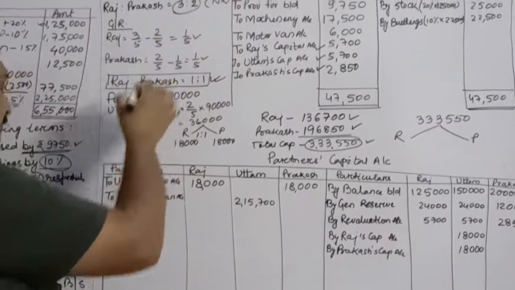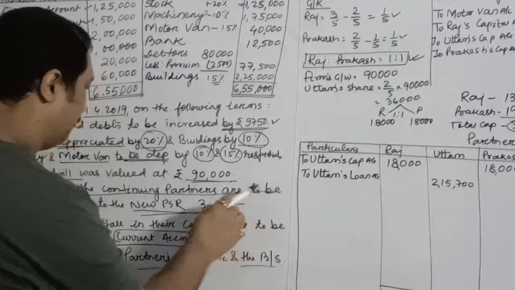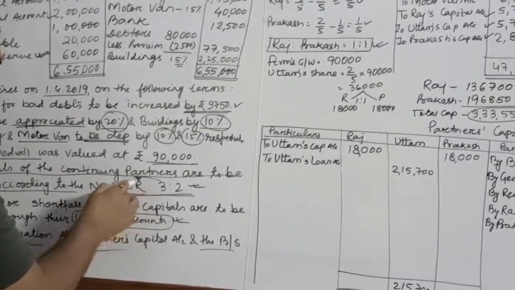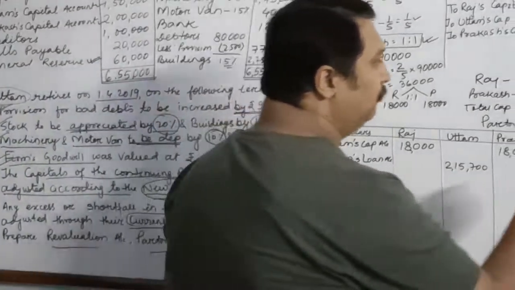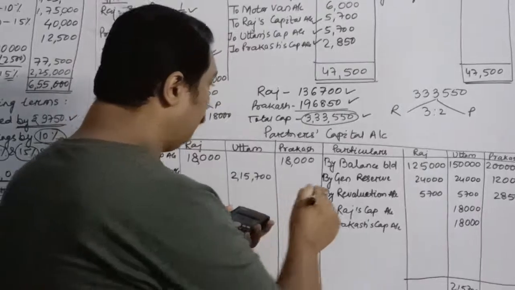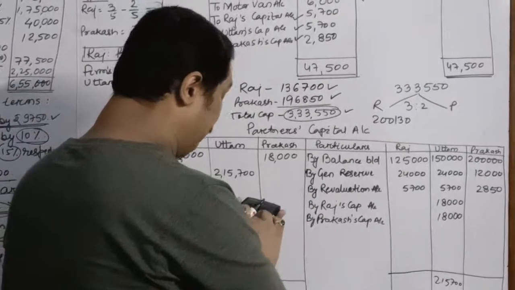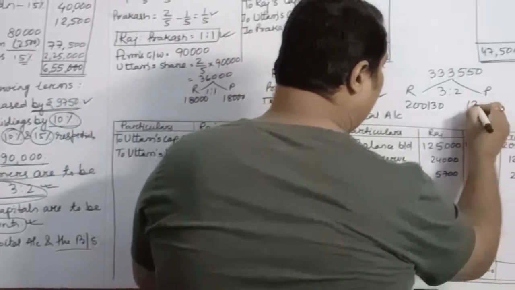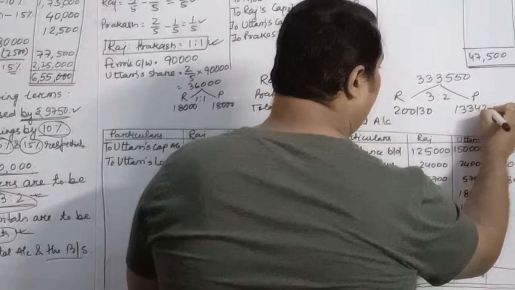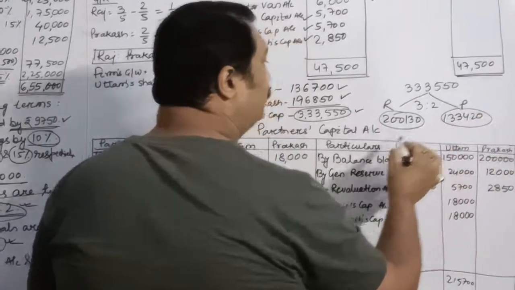Which is the new ratio as per the question? The question has clearly said the capitals of the continuing partners are to be adjusted according to their new profit sharing ratio, which is 3:2. So we'll distribute this in the ratio 3:2. So the share will be 2,00,130 for Raj and for Prakash it will be 1,33,420. So children, this is the closing capital of these two partners.